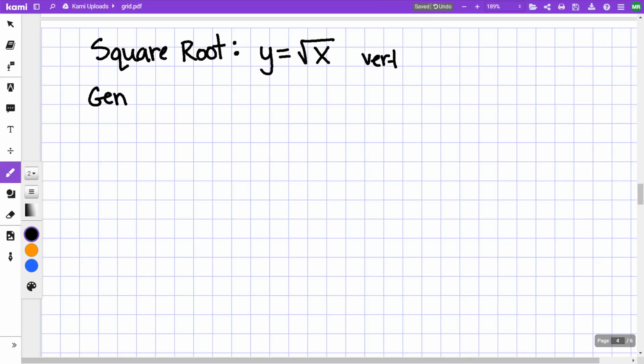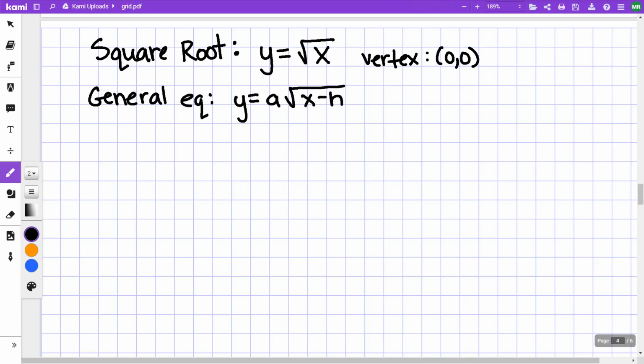I'll call it a vertex, but it's really like our starting point at 0, 0, but it's kind of like our vertex. General equation: y equal a times the absolute value of x minus h plus k. That is our general equation.